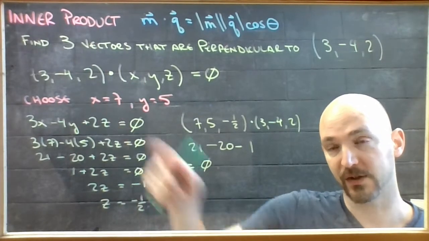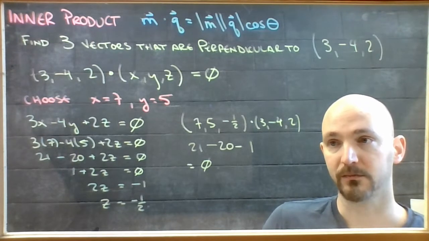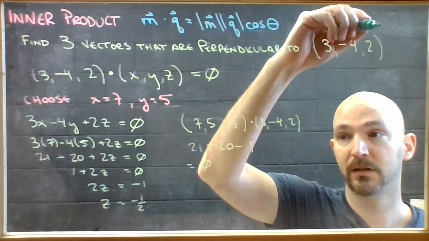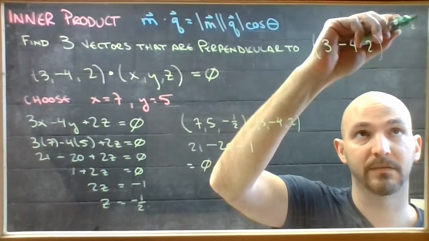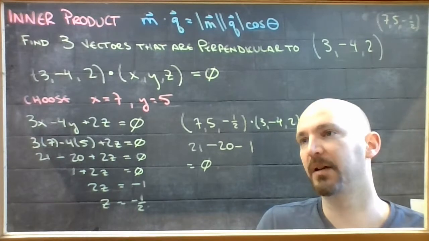You notice that the question didn't ask for 1, it asked for 3 vectors. So that's one of my options. Let's write that up here: 7, 5, negative 1/2.